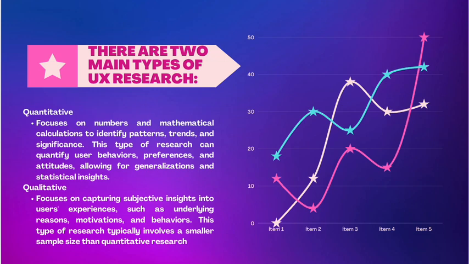This type of research can quantify users' behaviors, preferences, and attitudes, allowing for generalizations and statistical insights. So you're basing your findings off of data, patterns, and trends collected from the users. You're using numbers to prove why the specific thing you're trying to promote is important.